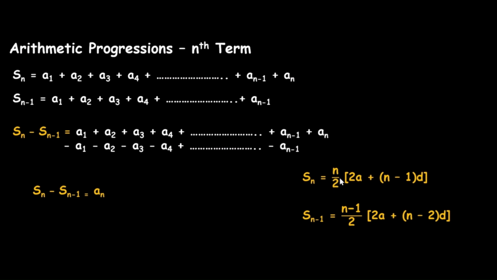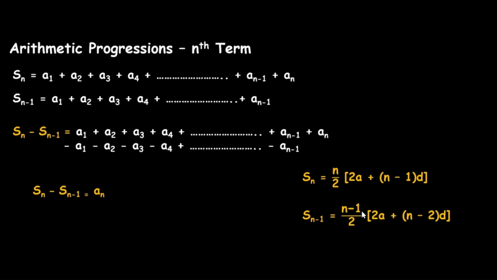So S(n) is equal to n by 2 times (2a plus (n minus 1)d), and S(n-1) would be substituting n minus 1 in the place of n. So it would become (n minus 1) by 2 times (2a plus (n minus 2)d). Why (n minus 2)d? Because we have to place n minus 1 in the place of n. So n minus 1 will become n minus 2.